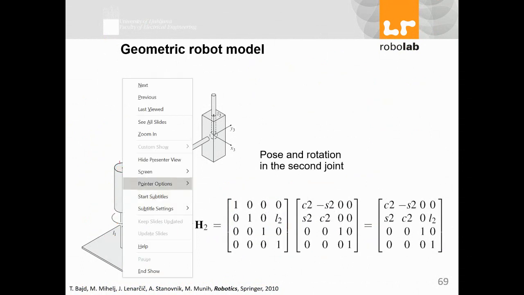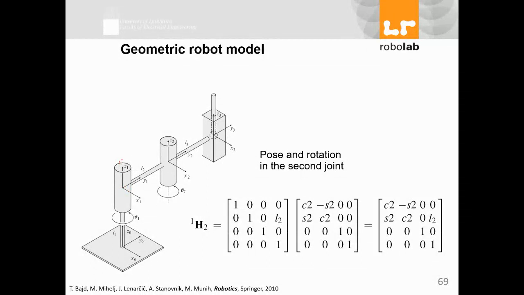From 1 to 2, from here to here, what I need is a translation alongside y with length L2, with no rotation, right? And one rotation, again around Z, with angle theta 2.